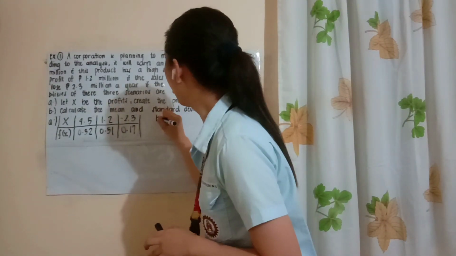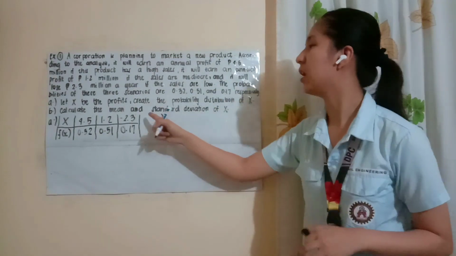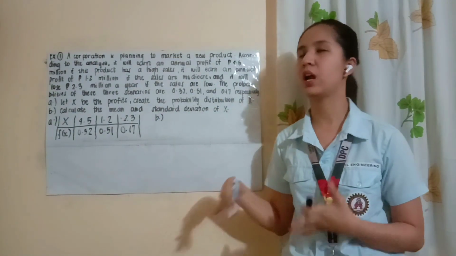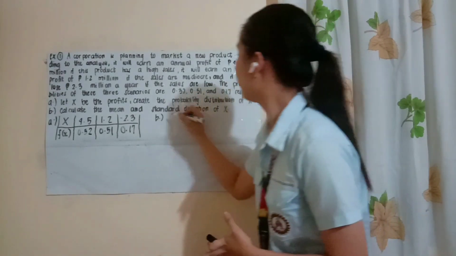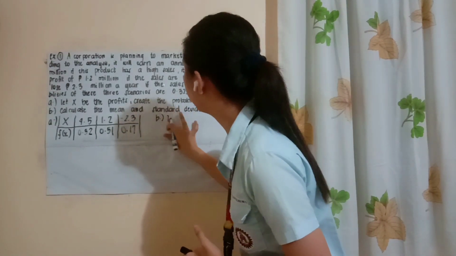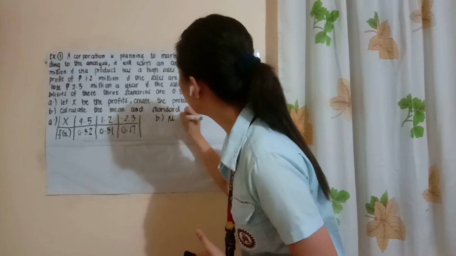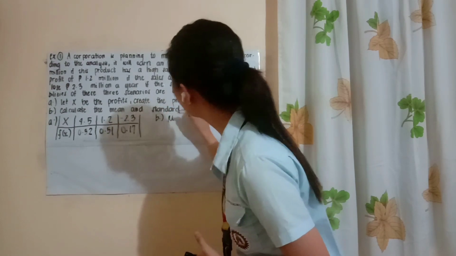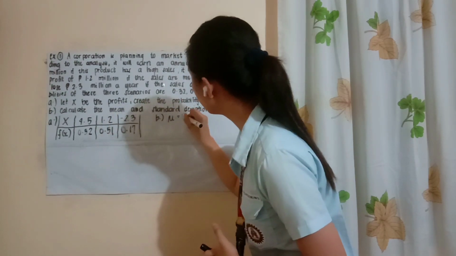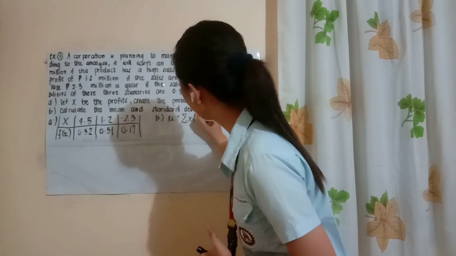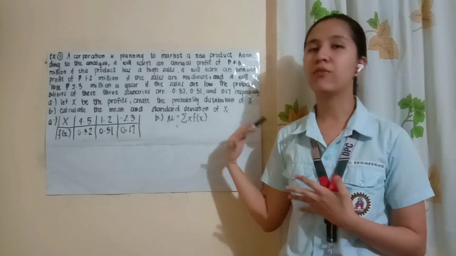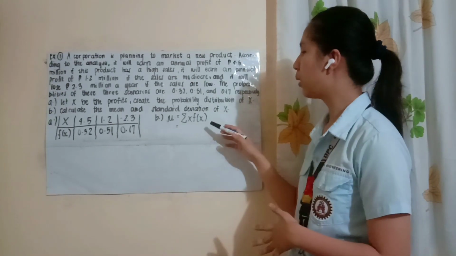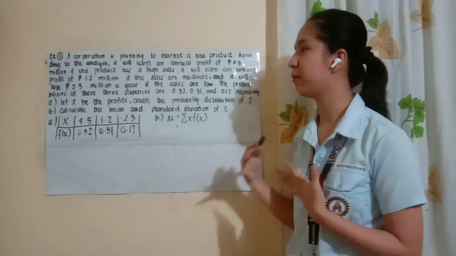Next, let's find the mean and the standard deviation of x for question B. First, let's get the mean. The formula of the mean is mu equals the summation of x times f of x, where x is the value of our random variable and f of x is its corresponding probability.